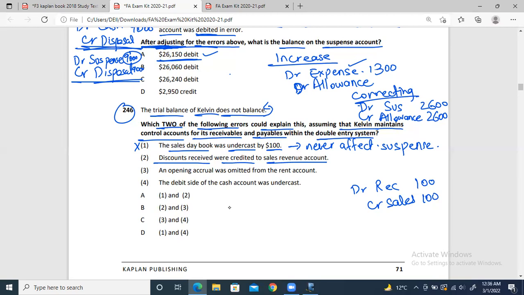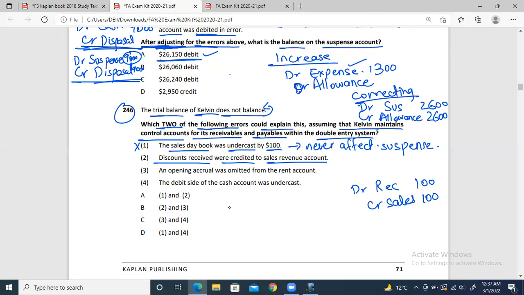Discount received is treated as a group 2 item, right? Because it's income. Yes, it goes in the payable, and it decreases the payable. But discount received itself is income. And sales is also treated like income, because it's a group 2 item as well. So this entry is also correct, because the trial balance will be blind here.